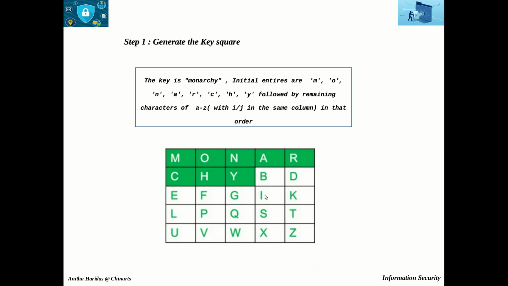Then I, J, which will be put in the same cell here. K, L, M is already there. N is already there, O is also there, so you will have P, Q, R is already there, S, T, U, V, W, X, Y is already there, so Z. So this is how we generate the key square for the Playfair cipher.